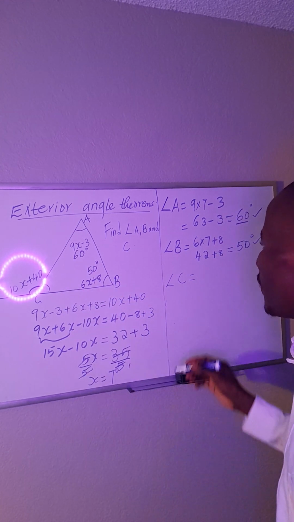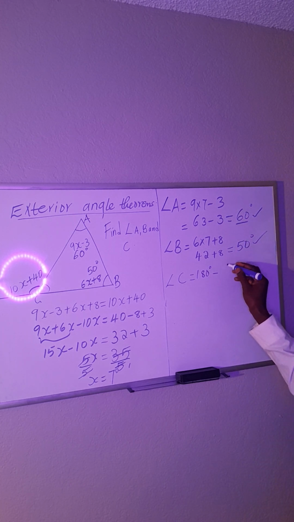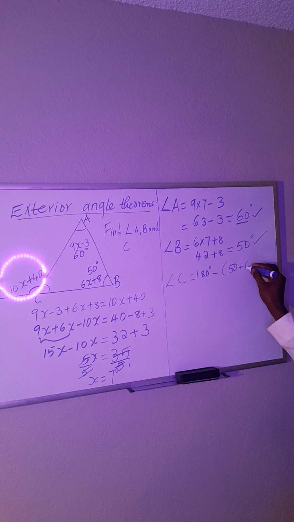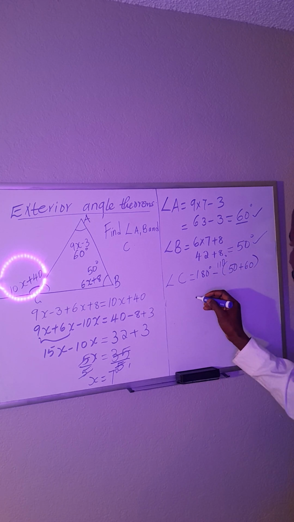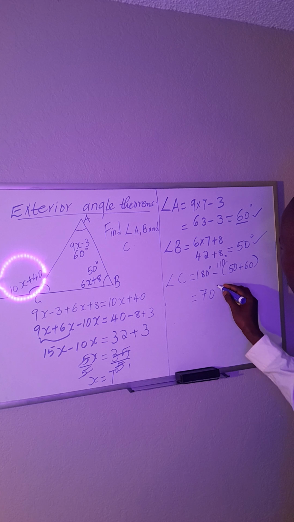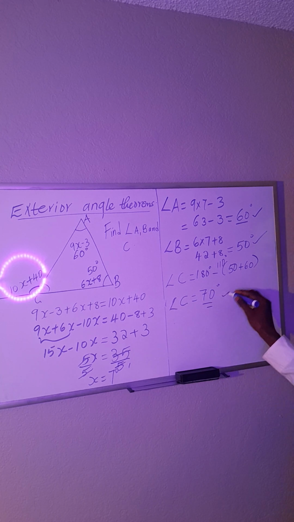What happens? The sum of interior angles of a triangle add up to 180. Therefore, 180 minus the sum of 50 plus 60, which is 110. So this is 110 degrees. What is angle C? Angle C is 70 degrees.